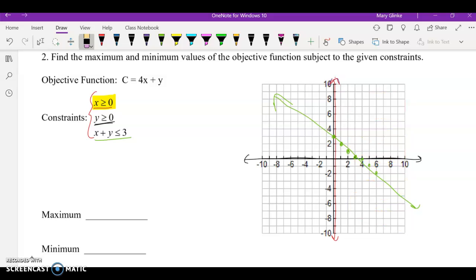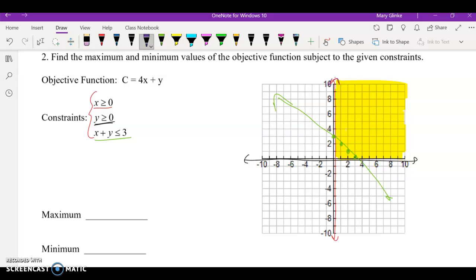What's happening here is we are being kept in the first quadrant with our first 2 constraints. These first 2 here, x is greater than or equal to 0 and y is greater than or equal to 0, mean that our final answer has to be in this first quadrant. To figure out if we are looking at that small triangle or that unbounded shape to the upper right, we need to look at that last one.